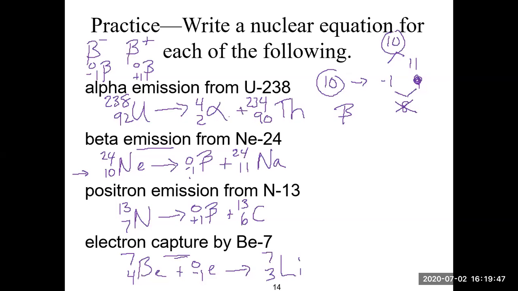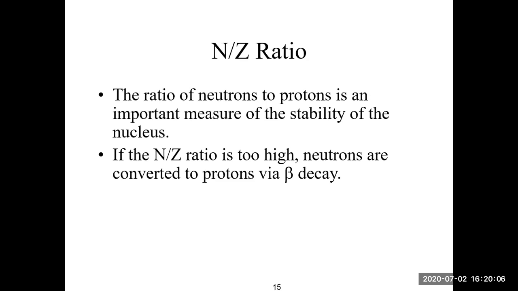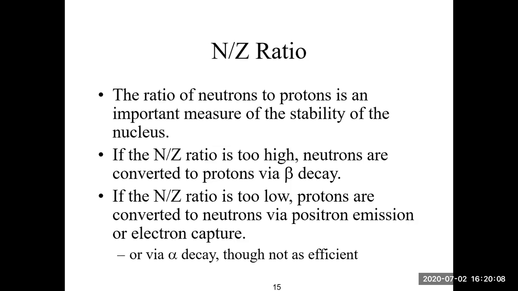Okay, so what we're going to talk about now is stability, and one way that we measure stability when we're talking about radioactive nuclides. By the way, nuclides is sometimes what we refer to when we're talking about these radioactive isotopes, if you will. One way is we can use what is known as the N to Z ratio.